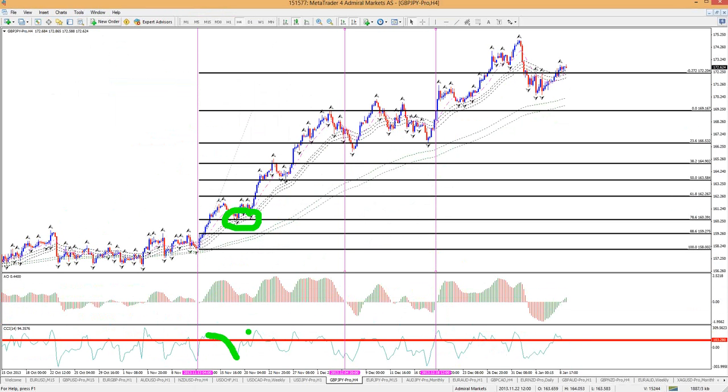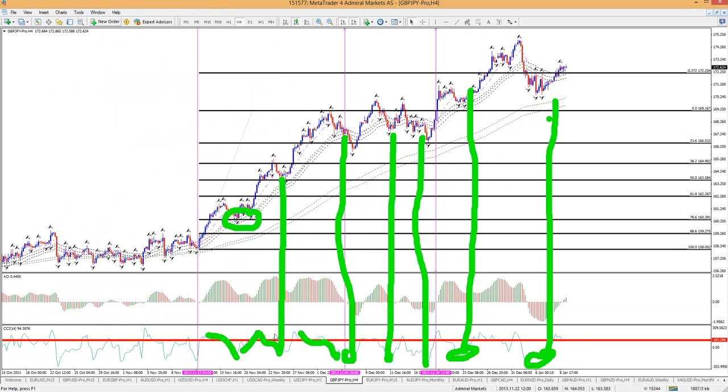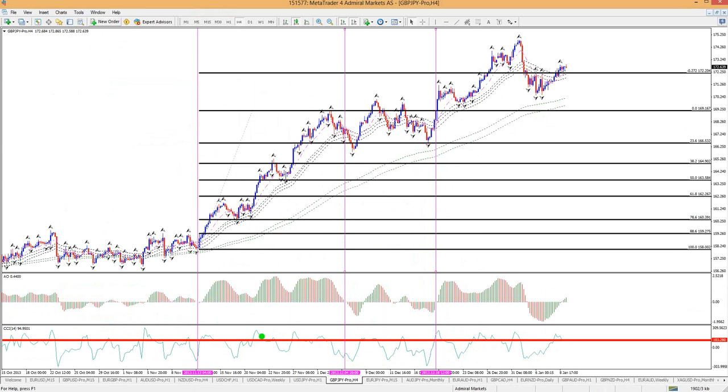Right? Same here. Continued with the CCI, made a dip. This was a good dip. Right? Here too. And here. And here. So if you use a CCI within a trend like that, it could give you an idea. I wouldn't necessarily use it for finding tops, okay?